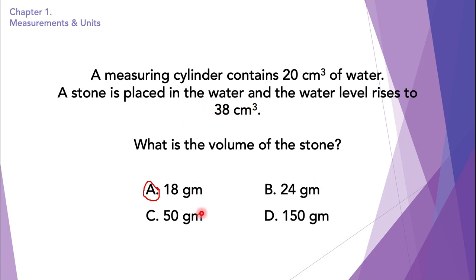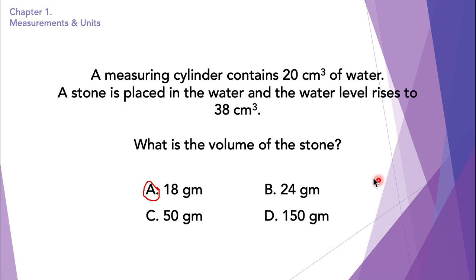So we read before, to measure the volume of an irregular object, which is the stone in this case, we use the measuring cylinder plus water method. And how do we use that method? We first add the water and note down its volume, which is 20 cm³. Then after the stone is placed, the water level rises to 38 cm³.